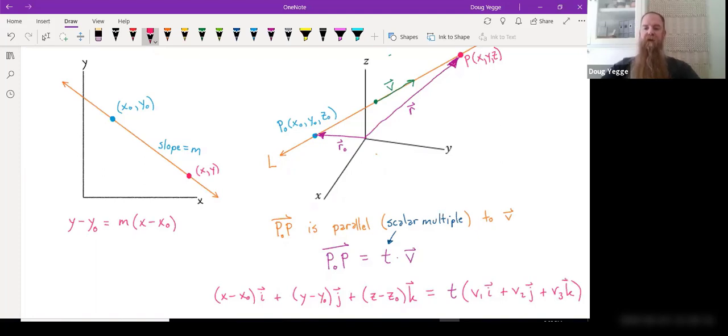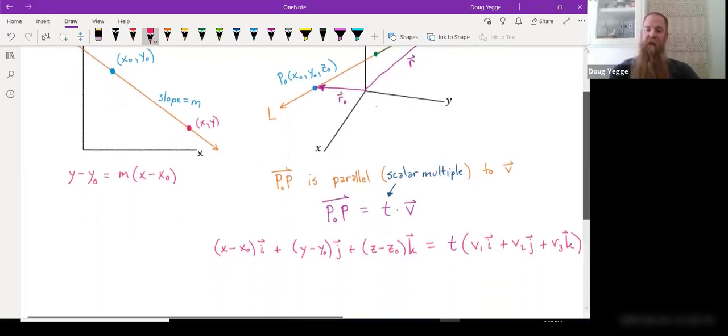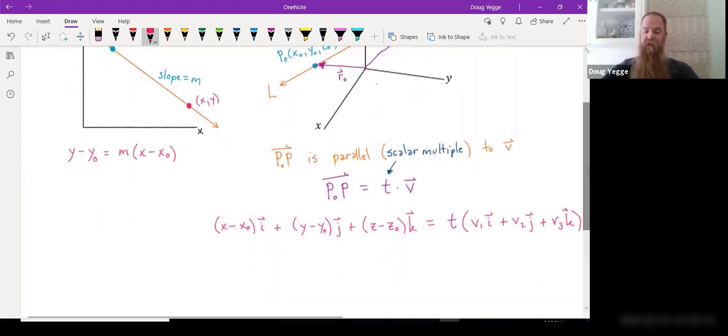Okay? Well, what you should recognize now is that there's an i component on the left and there's an i component on the right. And there's a j component on the left and a j component on the right, and a k component on the left and a k component on the right. So in general, what we could really do here is manipulate this in a particular way to where I'm going to expand this and move a few things around. I'm going to separate this into xi minus x0i.